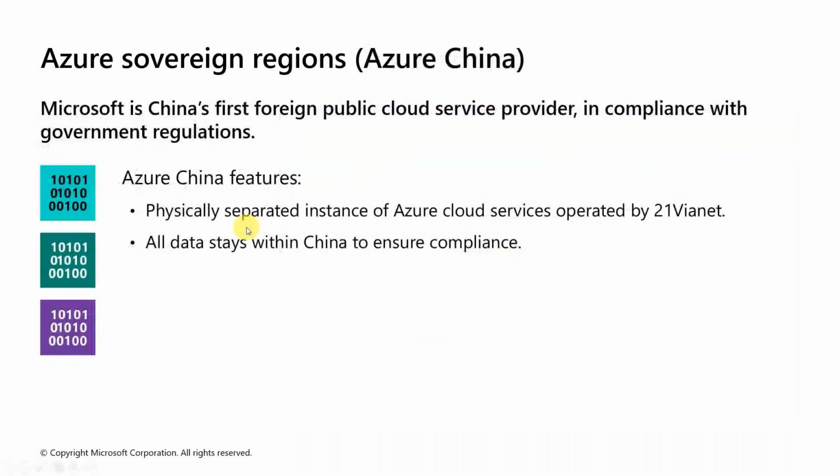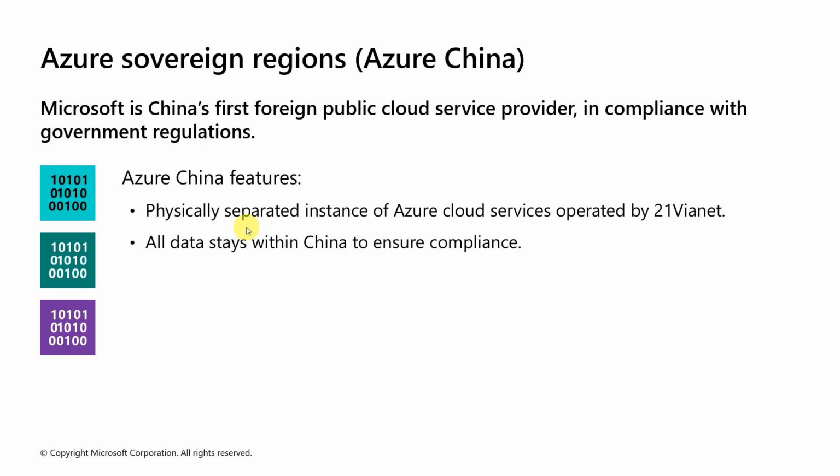And it has special data centers for China as well. In general, we all know China doesn't use the products that are developed by other countries. For example, they don't even use Google search. They have their own search engine.